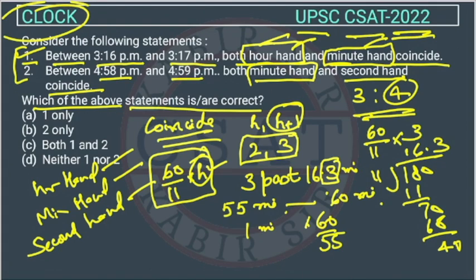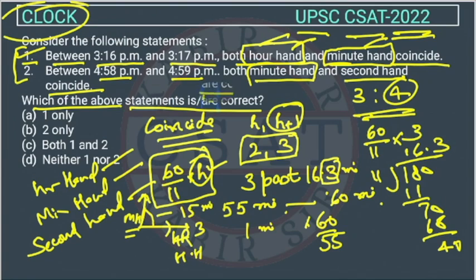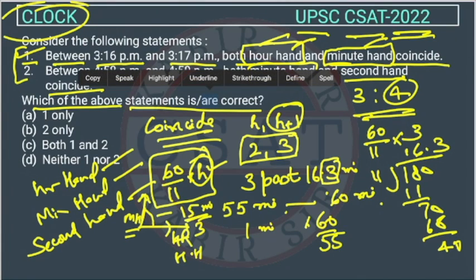In this case we have to see the timing is 3. So at 3 o'clock, the hour hand is on 3, and the minute hand is on 12, right? So the difference between their positions is 15 minutes, right? So they are far apart by 15 minutes, okay.